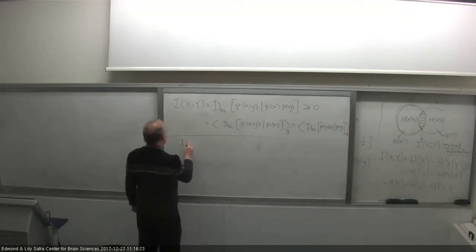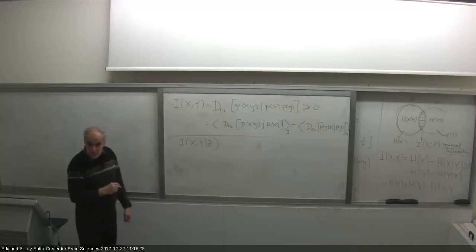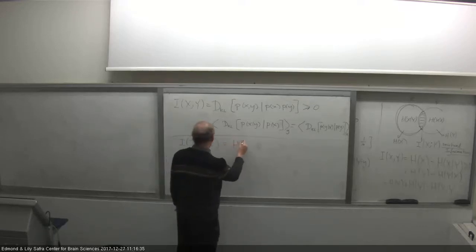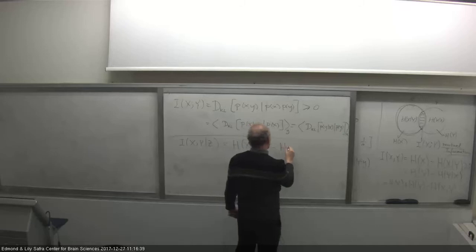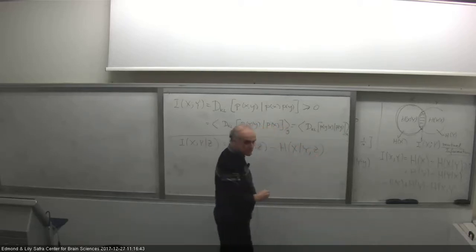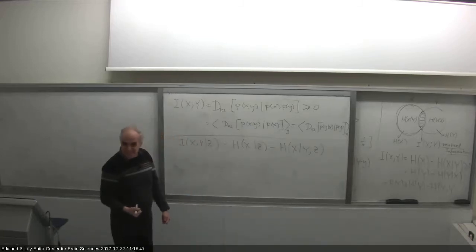So the conditional mutual information, let's say I(X;Y|Z), conditioned on some other variable z, is going to be naturally defined in that case. So what should it be? So it should be the entropy of x conditioned on z minus the conditional entropy of x conditioned on y and z.